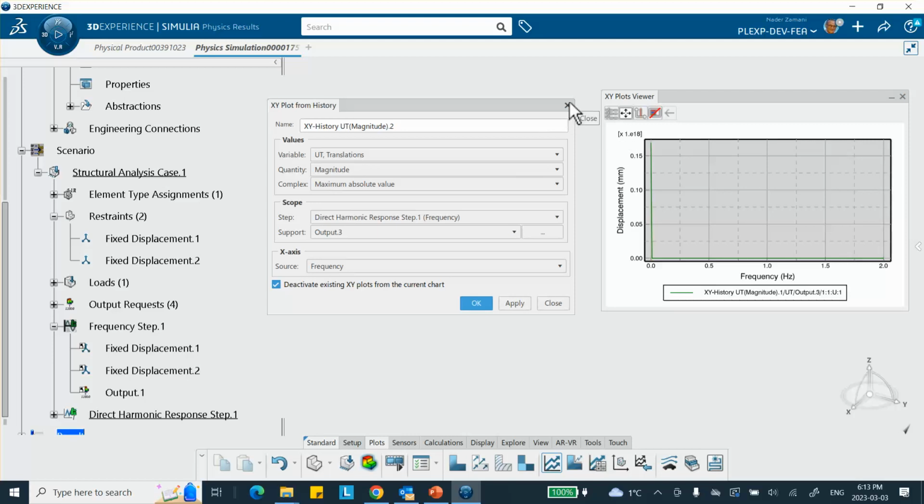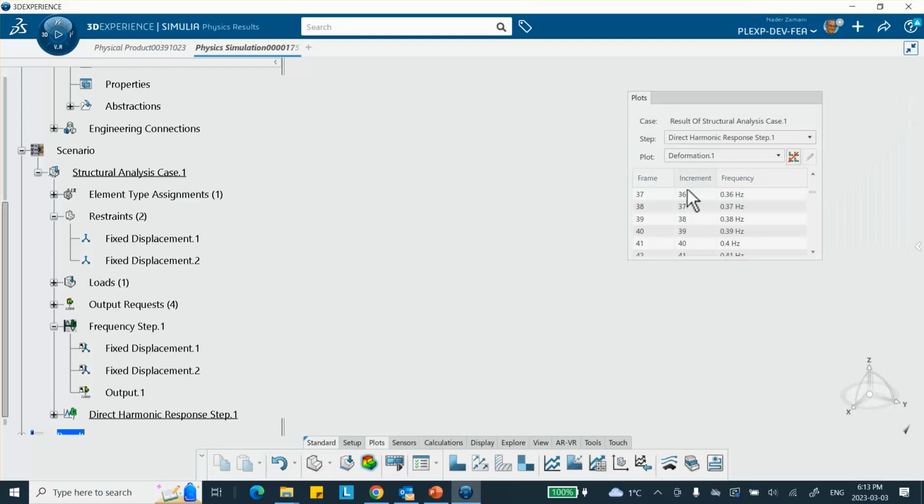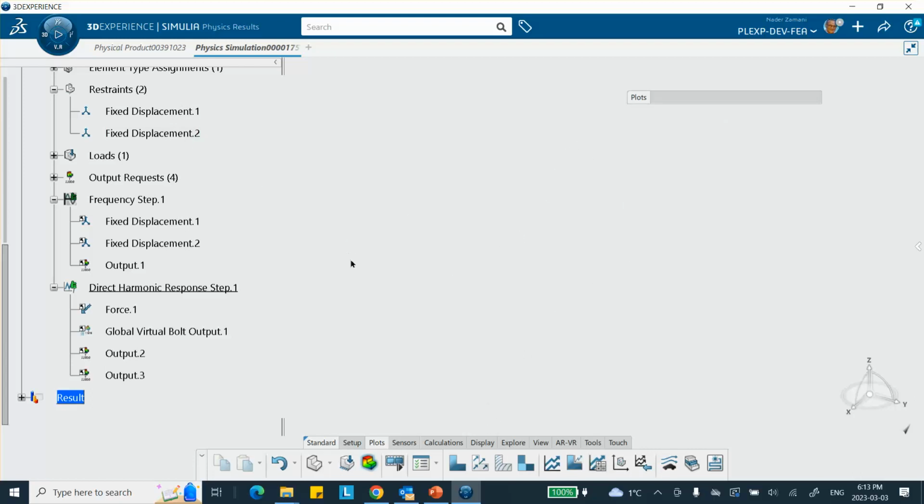Something did not work. Let me close this and close that and show you what happened here. In the steady state dynamics, the information about the displacement or the restraints is not transferred. Remember, I pinned the left point and I made the right point where the mass was along the y-axis.